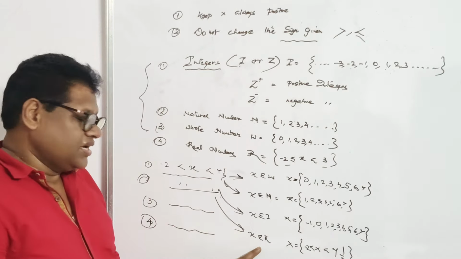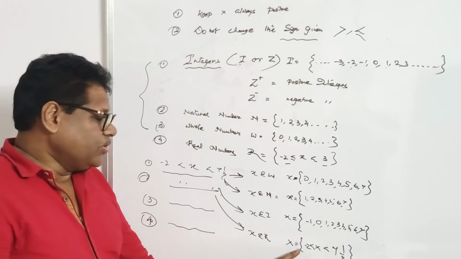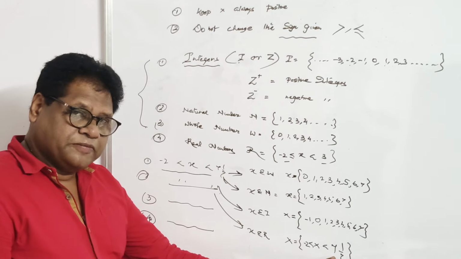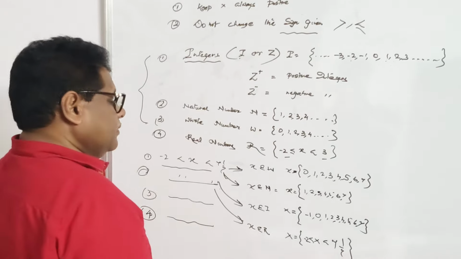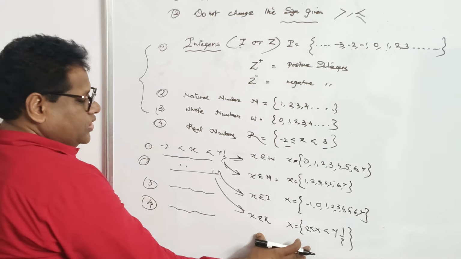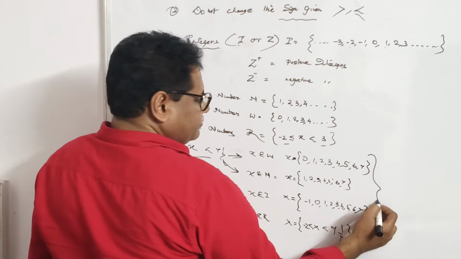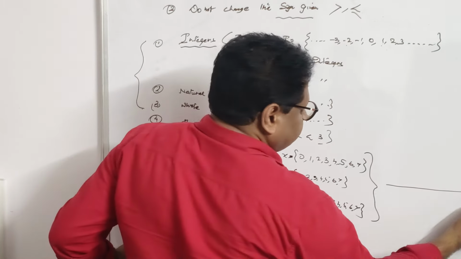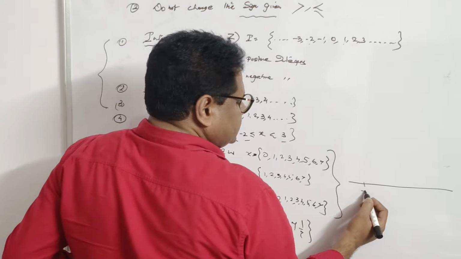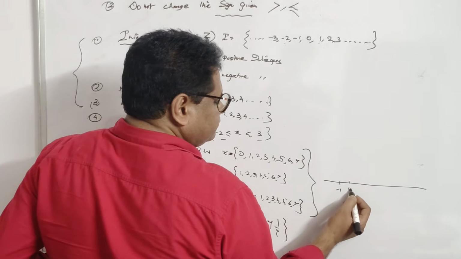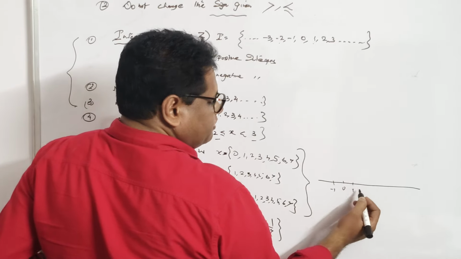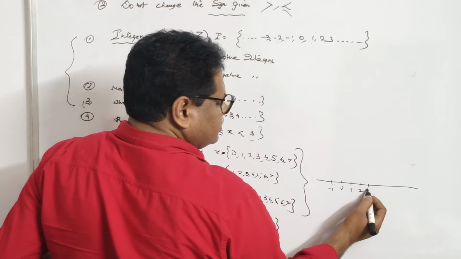So for x belongs to R, we cannot write the truth set. But the plotting will be different for this and these three. For all these three, when you are taking the number line, please give equal space for all the numbers which you are giving.